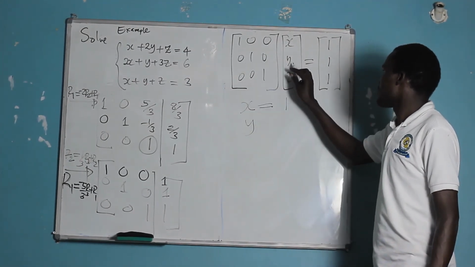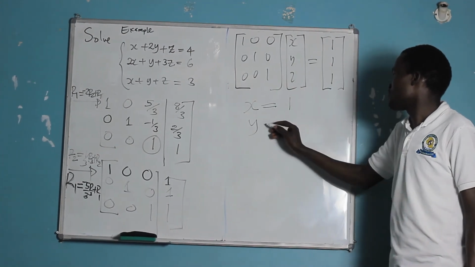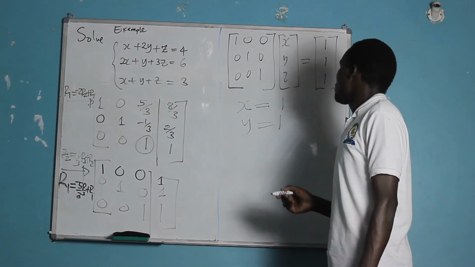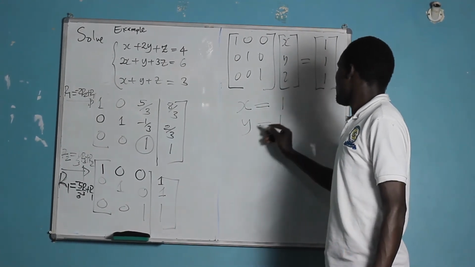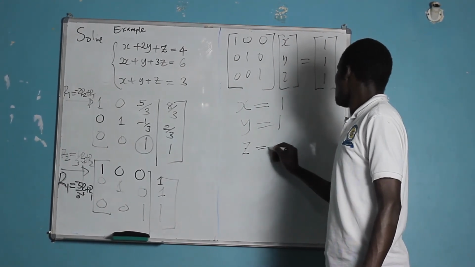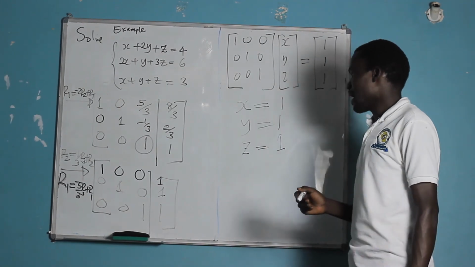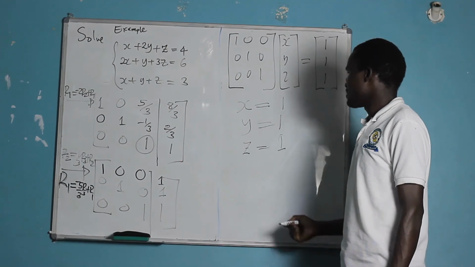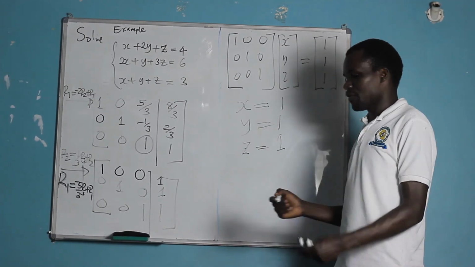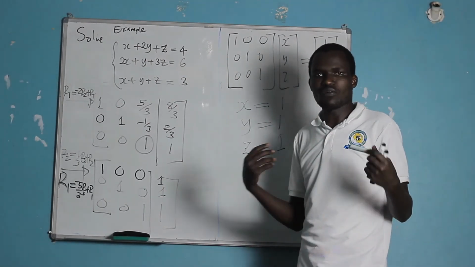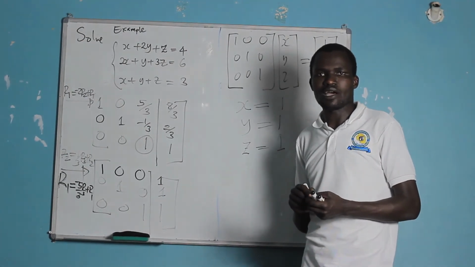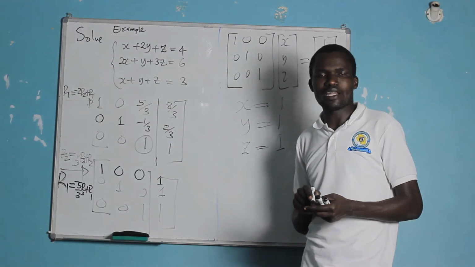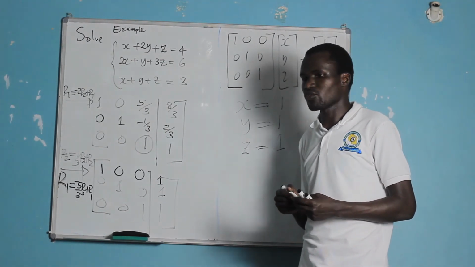The same here, we get just 1 times y, the rest will be 0, so equal to 1. And here, 0 times x is 0, 0 times y is 0, 1 times z is z, which is equal to 1. Now, these are the values of x, y, and z after solving the system of linear equations by using the Gauss-Jordan elimination method.